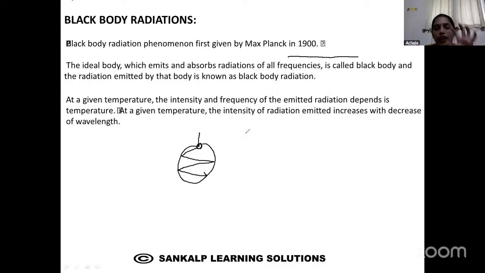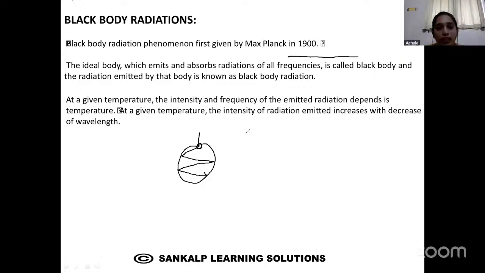When you heat an iron rod, initially at lower temperature you observe red color. If you increase the temperature further, the color changes to green. If you heat it further, the color changes to white.